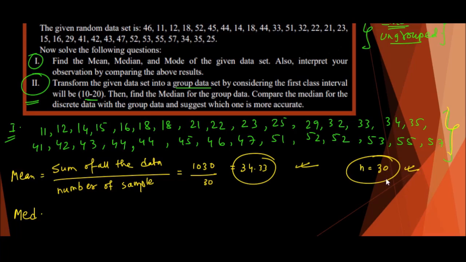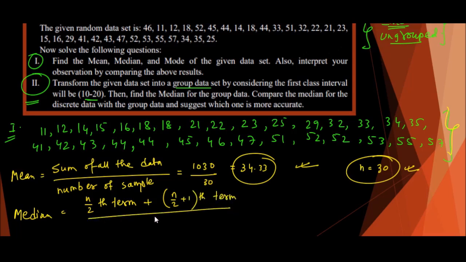So in that case, we have the formula: median is the n by 2th term plus the n by 2 plus 1th term, divided by 2. n by 2 means 30 by 2, which means the 15th term.